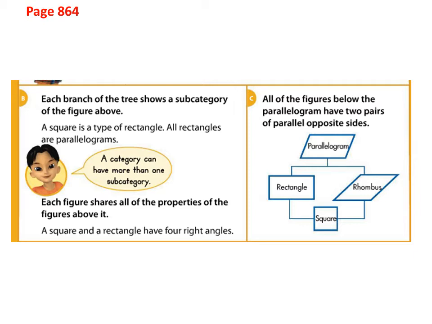Each figure shares all of the properties of the figures above it. For example, a square and rectangle have four right angles. Another example, the square and the rhombus have four equal sides.